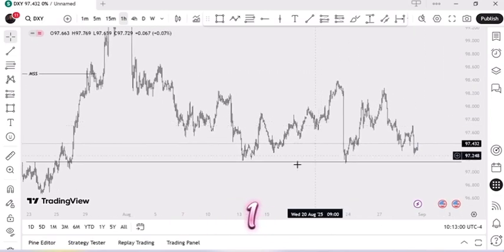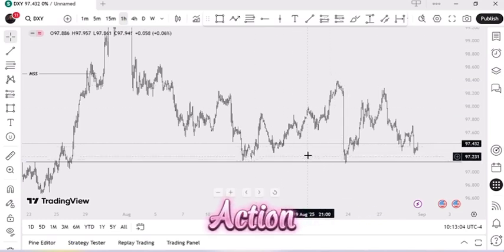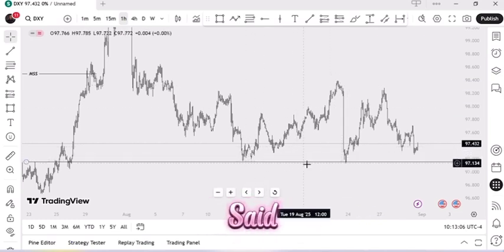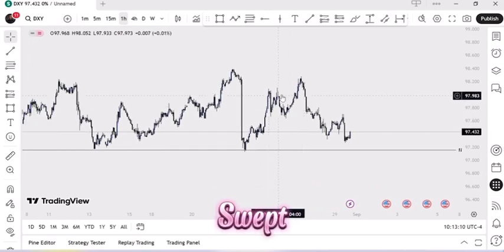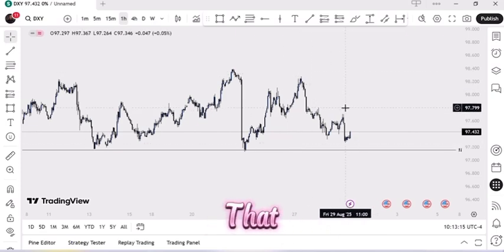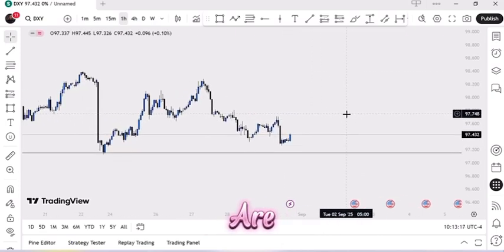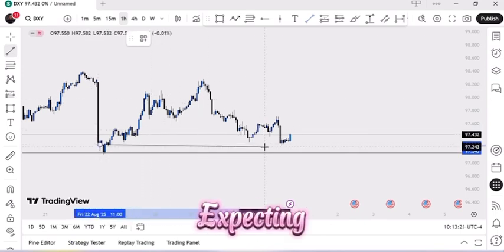Stepping down to the 1 hour time frame, looking at the recent price action. This was the liquidity I said price swept. Last week Friday, price swept this liquidity. You see that this week we are having a bit of downward movement on DXY. So what am I expecting?